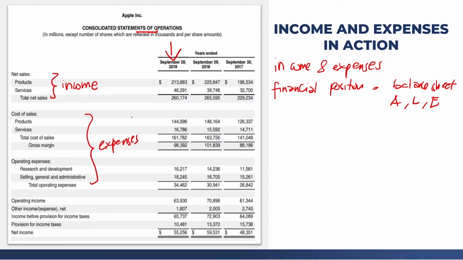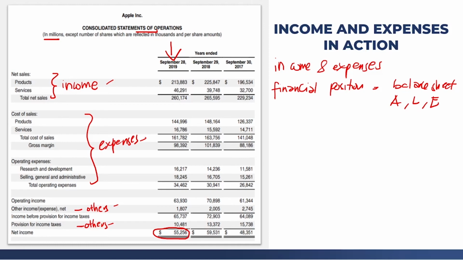And then I can identify some others pertaining to other income or the provision for income taxes. As you can see, once you add all the income, expenses, and the other movements, you will find that Apple had a net income of $55 billion during September 2019.